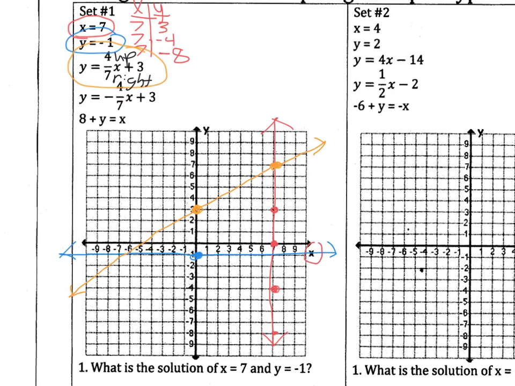Okay, so now we're going to go to our next line. So let's take a look. Next line is going to be y equals negative, that's a negative 4 over 7x plus 3. You've got 2 scenarios on this one.